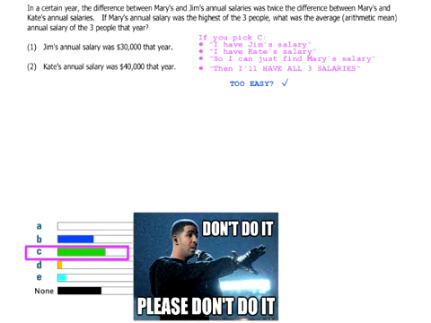C would be just like, okay, there's a $10,000 difference, so therefore Mary makes $40,000 plus $10,000. That's much easier than anything that's even in the very, very beginning of the OG.